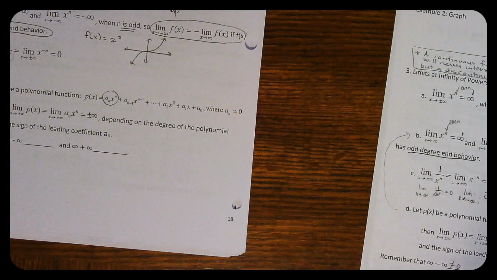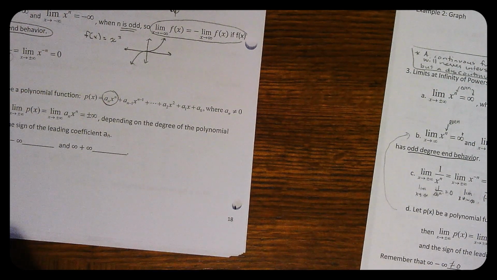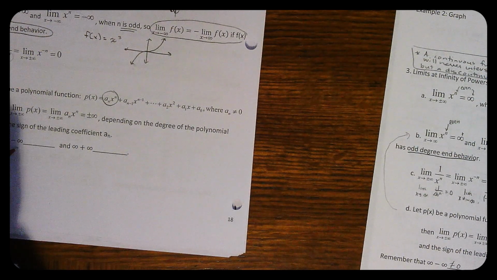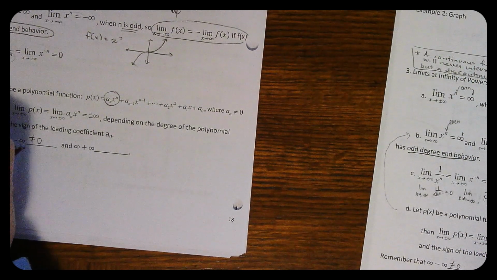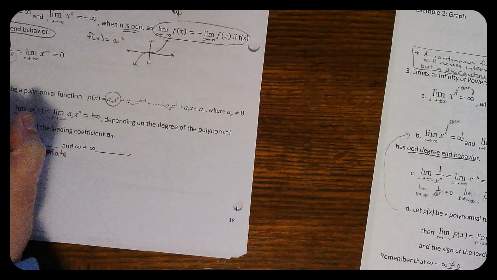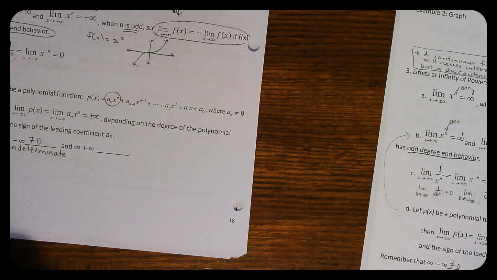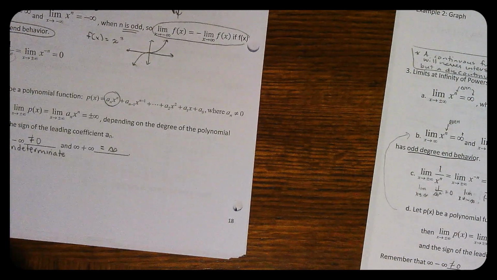The last thing I'm going to tell you is that when you're evaluating these limits, sometimes you get into these situations. If you ever get infinity minus infinity, that does not equal 0. That's indeterminate. In other words, you have to keep looking for another solution. But if you get infinity plus infinity, that's going to equal infinity.